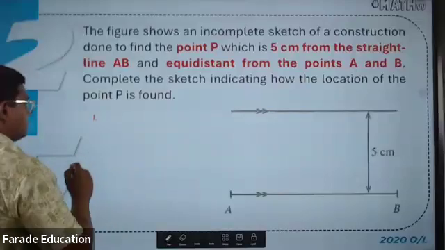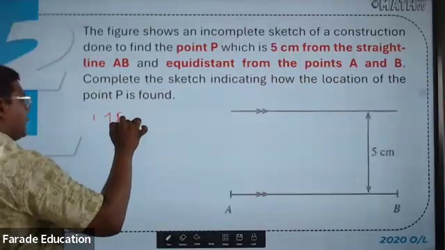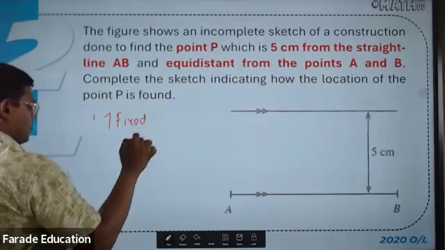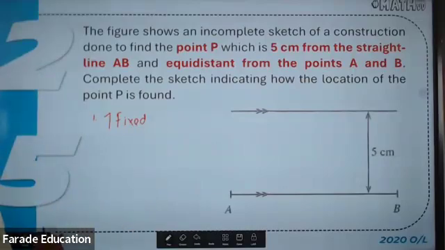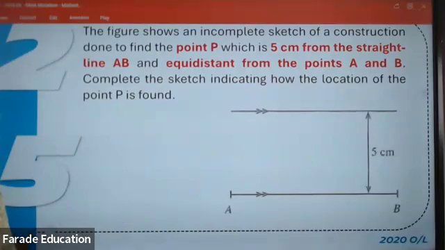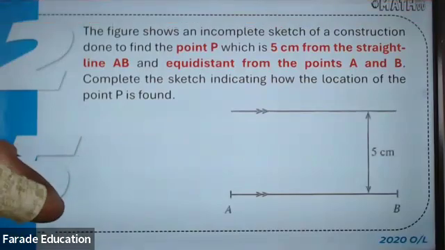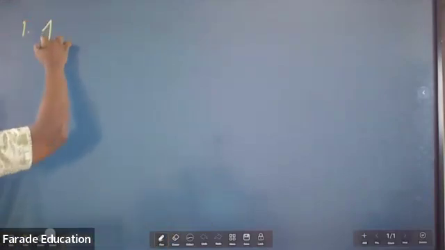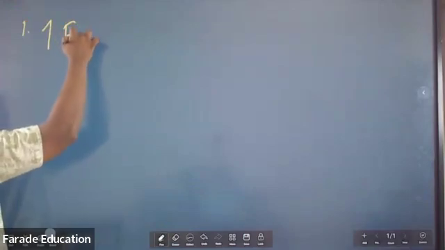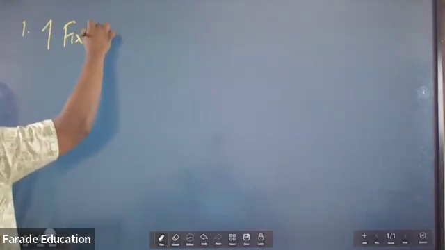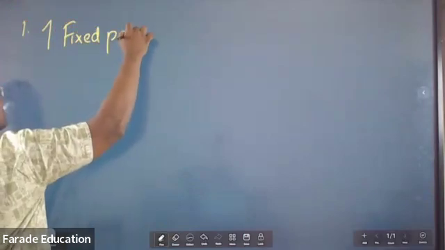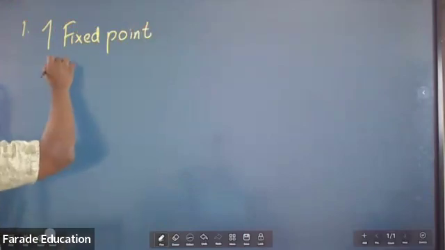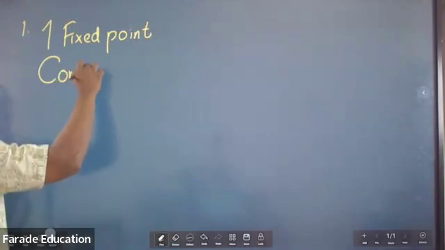The first one is one fixed point at a constant distance.